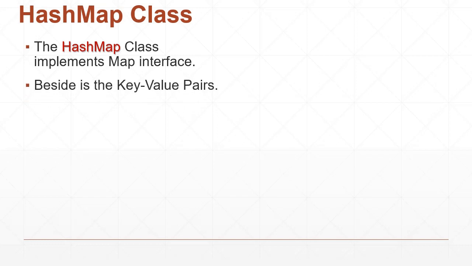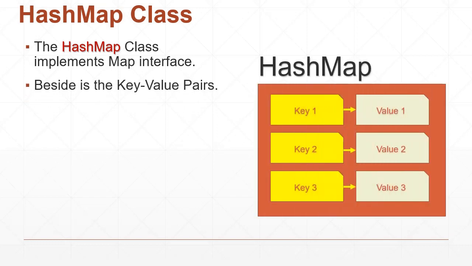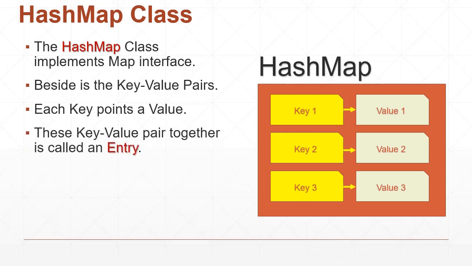So besides the key value pair, the HashMap class internally represents these key value pairs. Each key here points to a value. You can see in the picture key 1 is mapped to value 1. This key value pair together is called an entry.